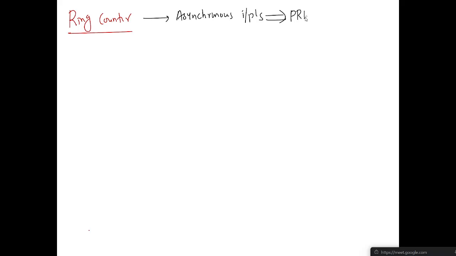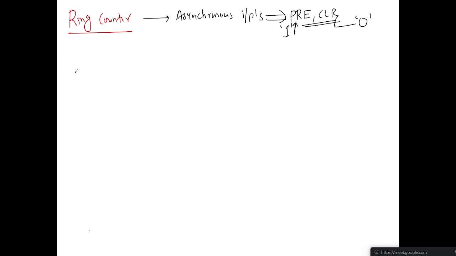Preset and clear. I told you, no. Preset means when preset is activated, it will force the output to one. If clear is activated, it will force the output to zero.